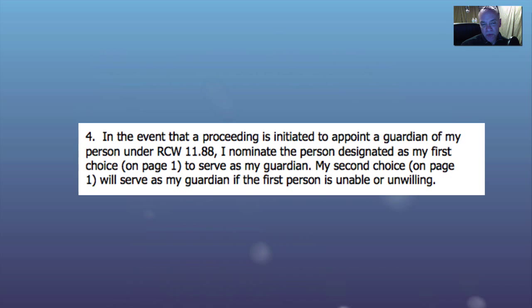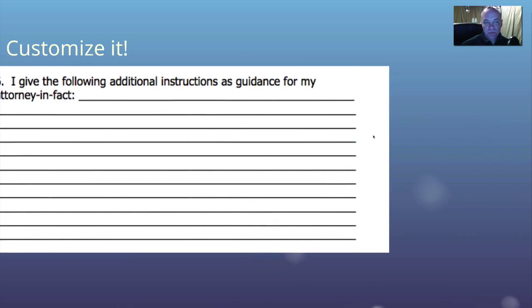So suppose you signed and created your advance directive when you were still young, even 40 years old. And if someone needed to act as a guardian because powers of attorney were not available or willing to act, then you can nominate the person that you want to act as your guardian.